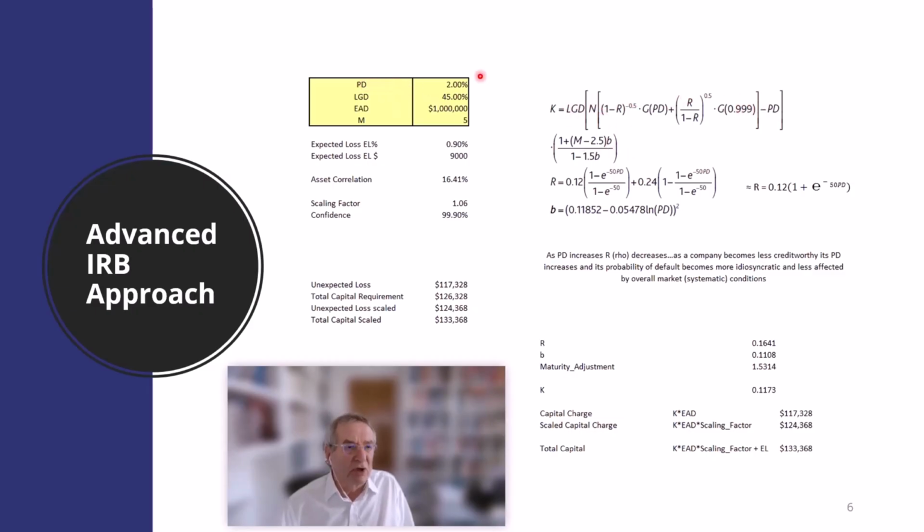We have these three key terms, the PD, LGD, which is loss given default, the exposure at default, and we have M, which is the maturity term. And what I've done is break this formula up. It's a rather complex calculation. I've broken it up into a number of components, and I've gone on and, for example, calculated the capital charge based upon whatever is placed in these inputs over here.